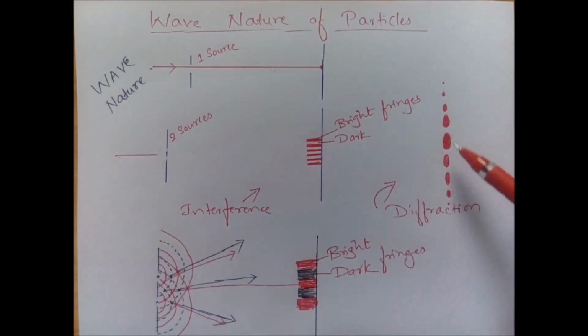And similarly we can have the bending of light, that is, when light hits corners, then we will get these diffraction patterns. You all have seen the laser experiment where we have these kinds of patterns, and we measure the distance between each of these fringes, and we calculate the wavelength of the laser light.